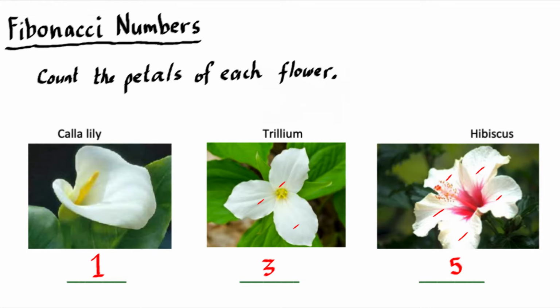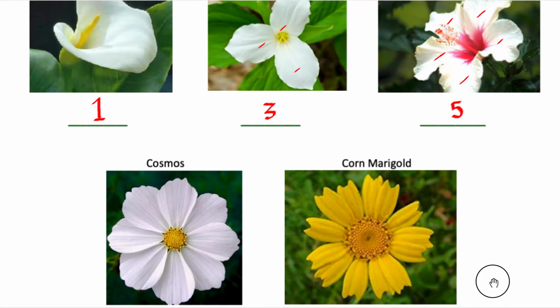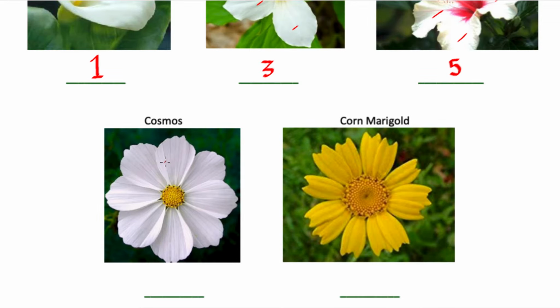Now let's get down below and look at the remaining flowers. We have here the cosmos. How many petals does it have? Let's count. One, two, three, four, five, six, seven, and eight. So we have eight for the cosmos. How about this corn marigold?